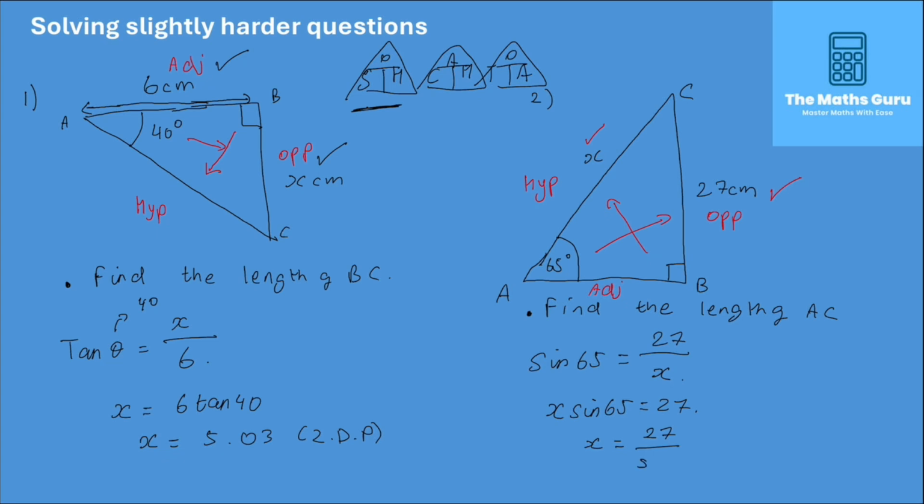So 27 over sine 65. And that's going to get us x equal to 29.79 to 2 dp. Okay, that's going to conclude today's revision video on trigonometry for lengths of sides.